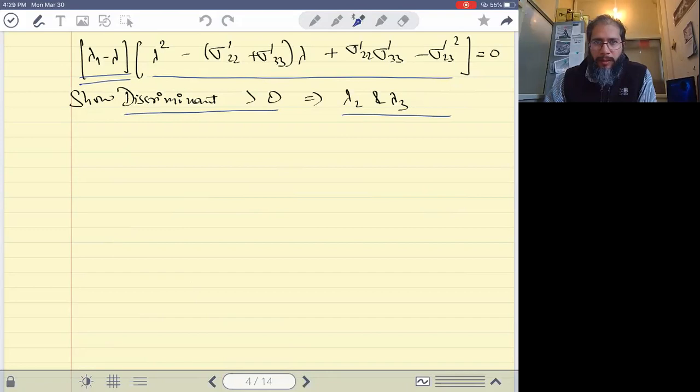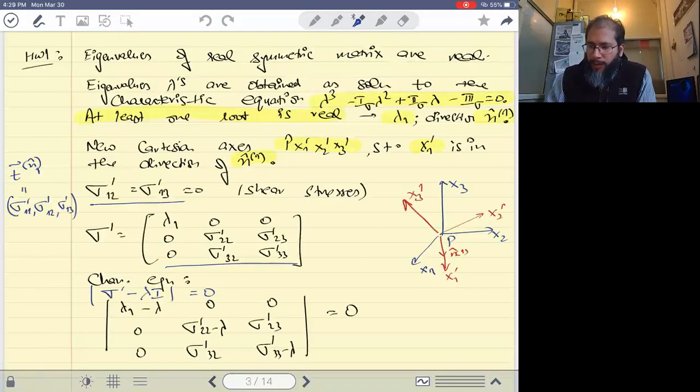So positive discriminant means that the roots are real. So that completes the proof that all three eigenvalues or principal values are real for a real symmetric sigma. Any questions?